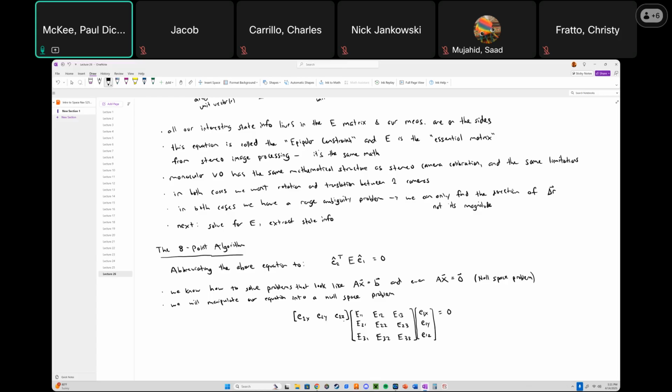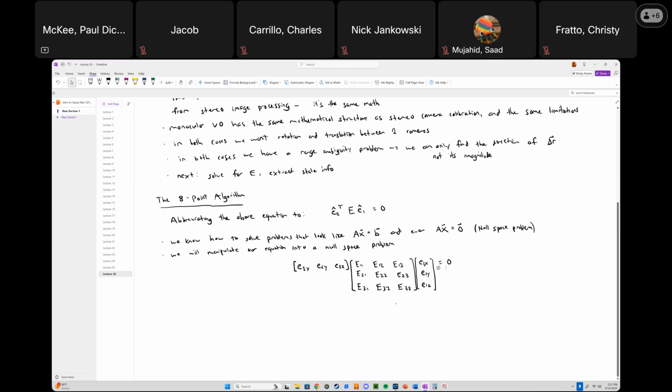Okay. If we multiply this all out, which we are going to, then what this is really saying is, here we go. E2x, E11, E1x plus. This is going to be really annoying. There's about to be nine terms.